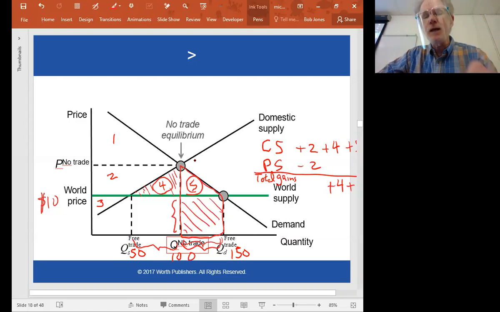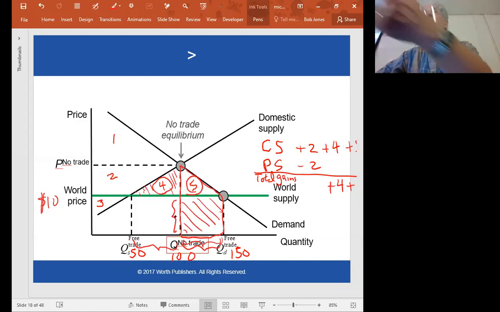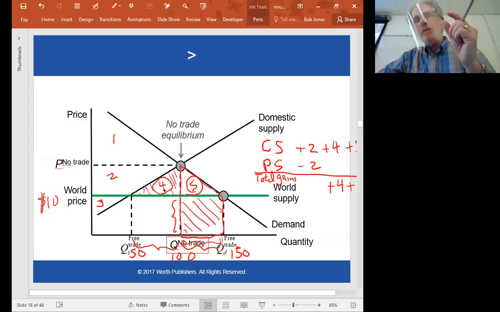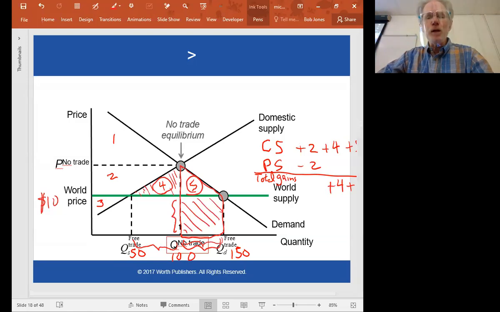Area 5 is the extra consumer surplus consumers are getting because they're able to consume more. Area 4 is a savings in production cost, because whereas these units were being produced by American producers at a relatively high cost, now that we can buy those units at a price of only $10, the production cost is going to be reduced by 4, or by the area represented there by 4.